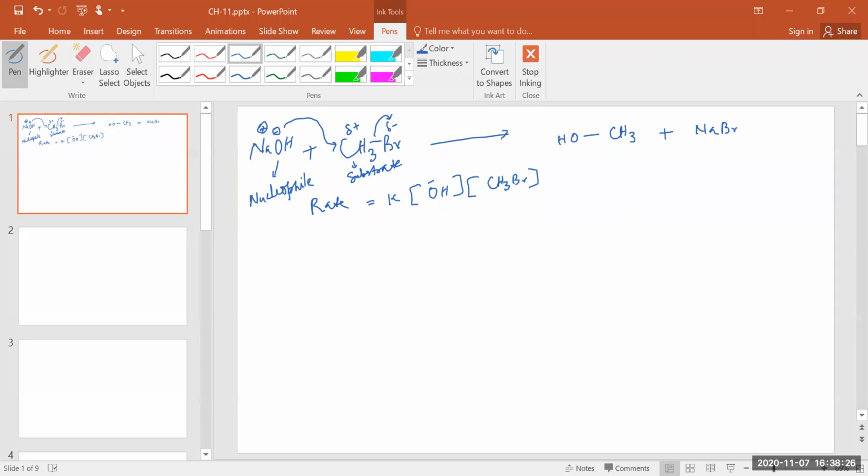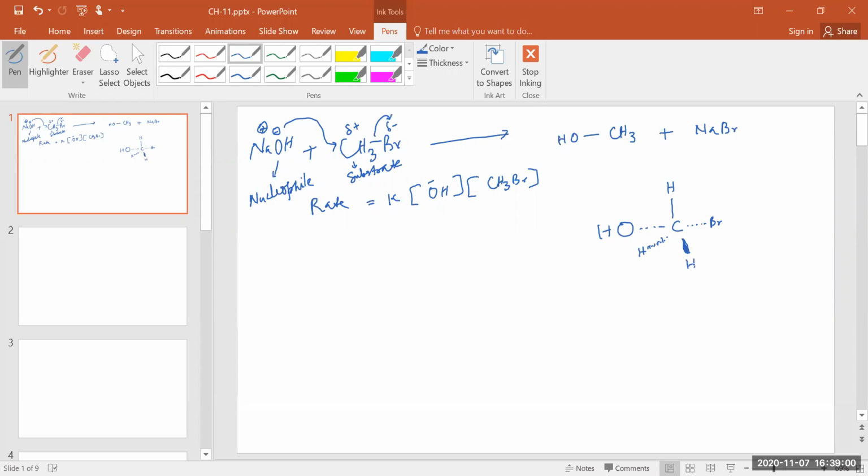So the transition state for this reaction is like this. HO forms a bond with the carbon. When it starts forming a bond with the carbon, the carbon-bromine bond starts breaking. And you have hydrogens here: one hydrogen will be in the back and one in the front.